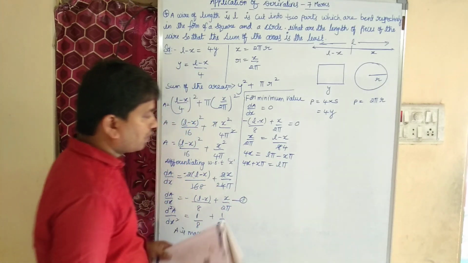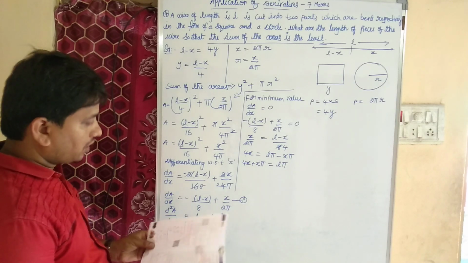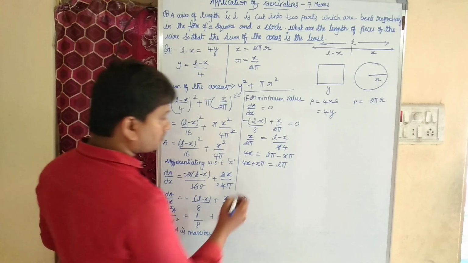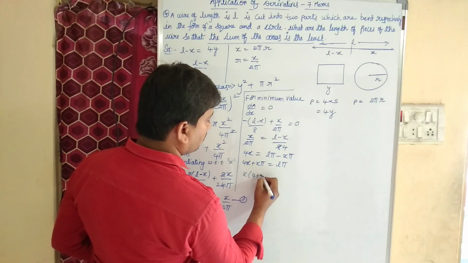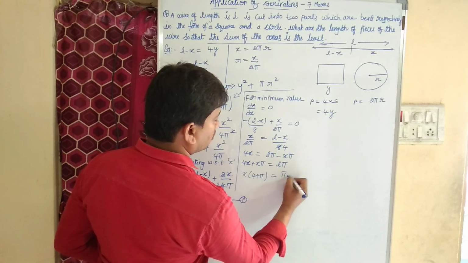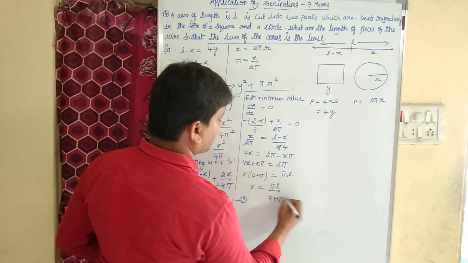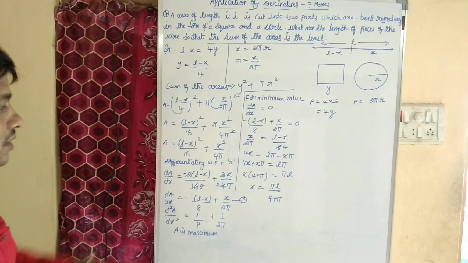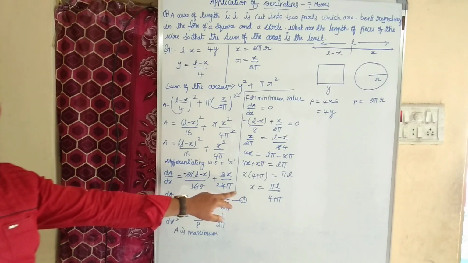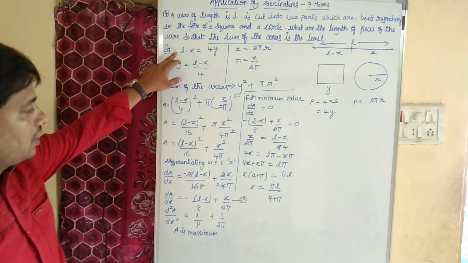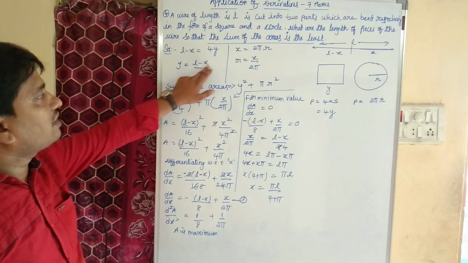So what will we take common? Here we will find the value of x. If I take x common, x into (4 plus pi) equal to pi L. So x equal to what? Pi L by (4 plus pi). What is the value of x? The value of x is pi L by (4 plus pi). Okay. Now let us find the value of L minus x, so that we can easily find the value of y.